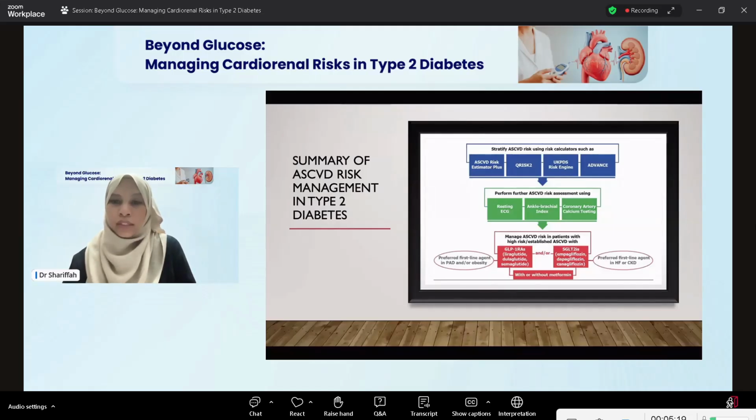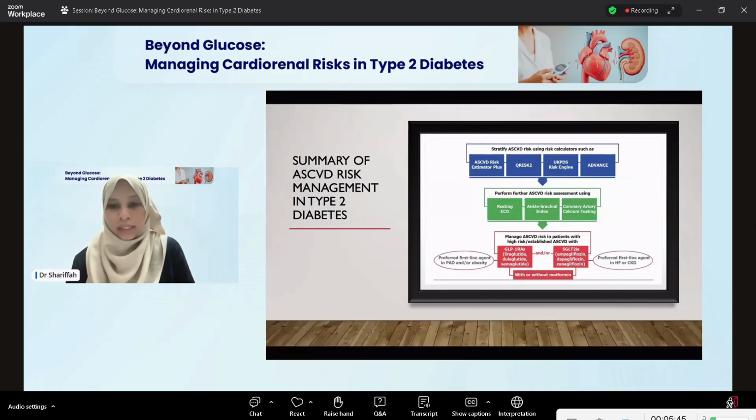We perform further assessment using an ECG, an ABPI, ankle brachial index, especially if we suspect peripheral artery disease, or we can also do a coronary calcium scoring as well to further risk stratify these patients. And then once we have the results, we manage accordingly in those with high risk or those who already have cardiovascular disease.